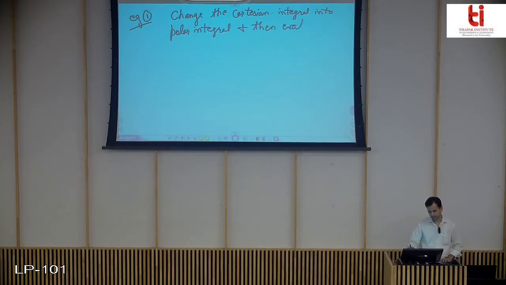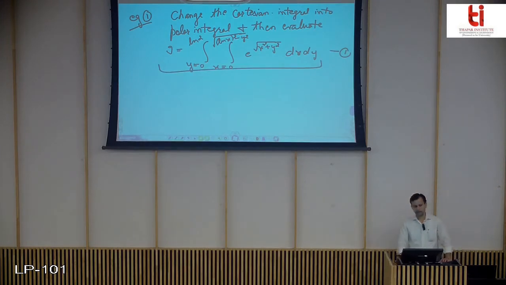So you have an integral, x from 0 to ln x square minus y square, e under root x square plus y square dx dy. This is the integral that we have to evaluate.